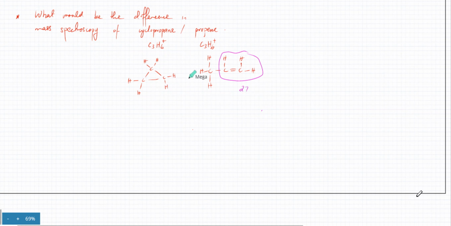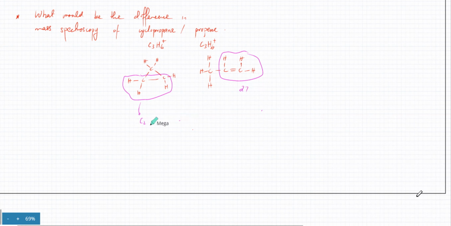Will you get any detection at 27 over here? 2 carbons and 3 hydrogens. So let's say this piece breaks off. What would it be? C2H3 plus 1, and this is also 27. So there's going to be a detection at mass 27 in the first one and also in the second one.